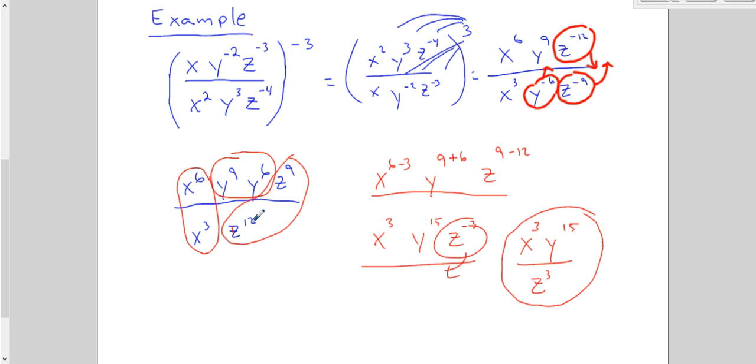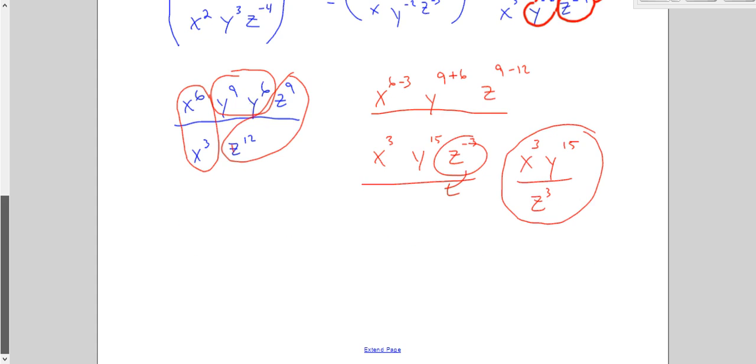So if you're going to subtract the largest number minus the smaller number, just make sure your answer goes where you started. Here I start with the z to the positive 12, in the denominator. 12 minus 9 is 3. I write that answer in the denominator where I started. Okay, and that's the end of day 1.